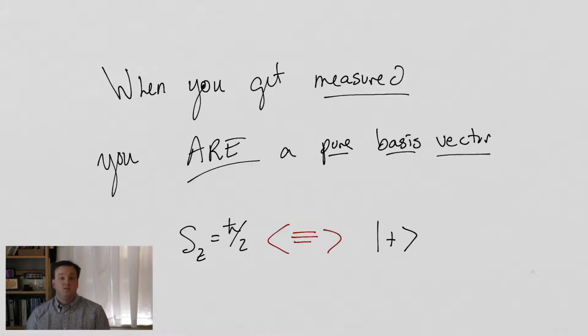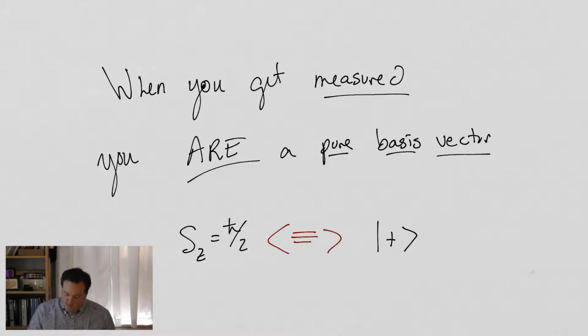I don't want to think about it as being some general state with some unknown set of expansion coefficients, because it's not anymore. I measured it to have spin up, and therefore that state is the plus state. It is the basis vector.